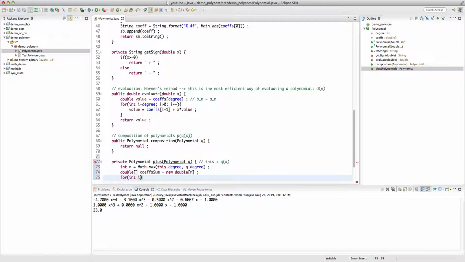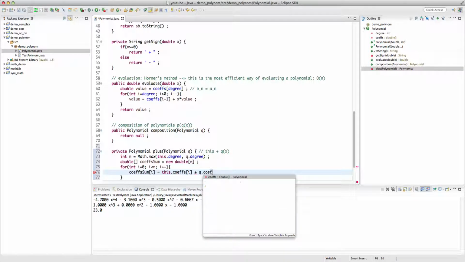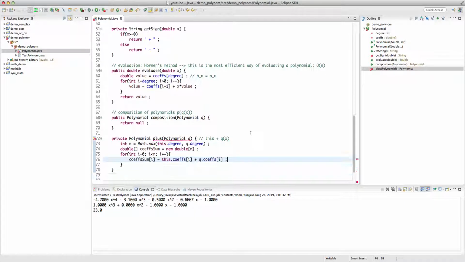For int i equals 0, i less than m, i plus plus, what we are going to do is coefs sum of i equals this coefs i plus q dot coefs i, and then return new polynomial coefs sum.